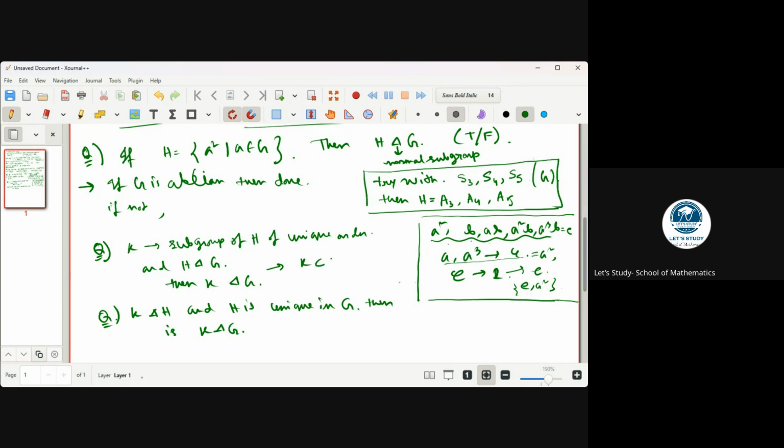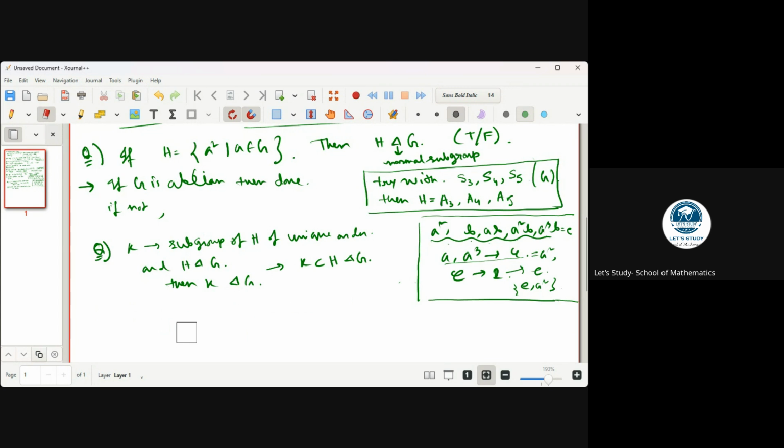K contained in H, K is unique order subgroup, and H is normal in G. Okay, to simplify for all of you, I am removing this.